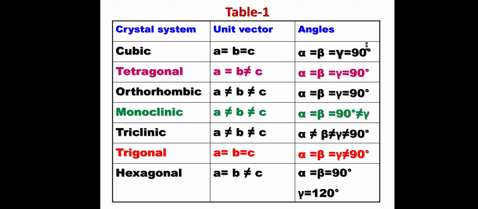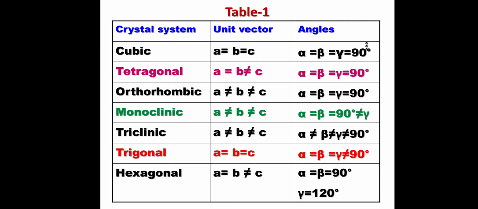And then monoclinic. So in monoclinic, all the three sides of the cube or unit cell are unequal, and two angles are equal and each is equal to 90 degree. That is alpha is equal to beta, each is equal to 90 degree, but gamma is different, not equal to 90, it is other than 90 degree.